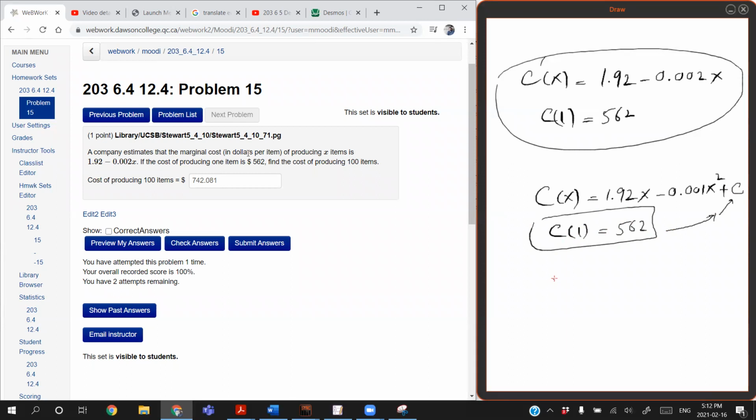The moment you have C of x completely specified, you can calculate the cost of producing whatever number of items. In this case, it is asking for the cost of producing 100 items. So after you have calculated C, you just plug 100 into the cost function, and that would be the answer. So this one related to antiderivatives because it's basically an initial value problem.